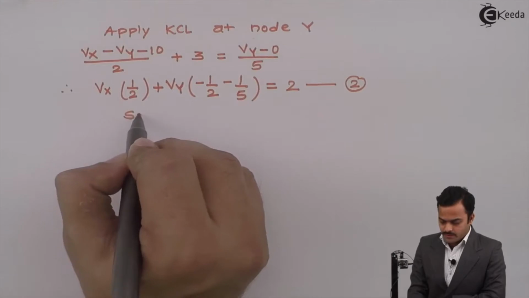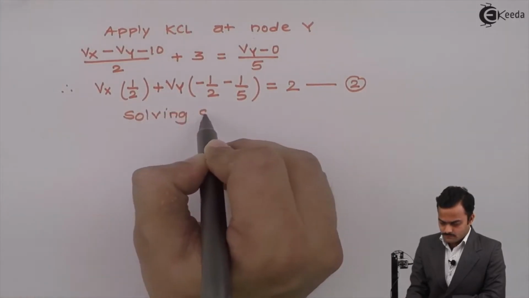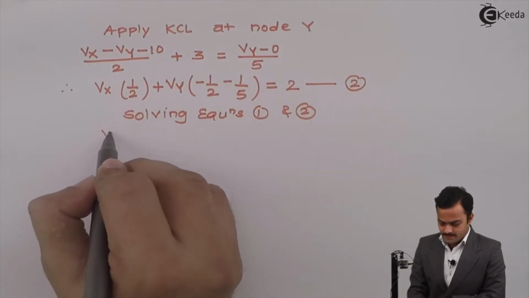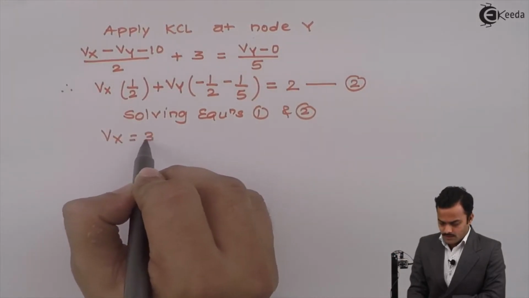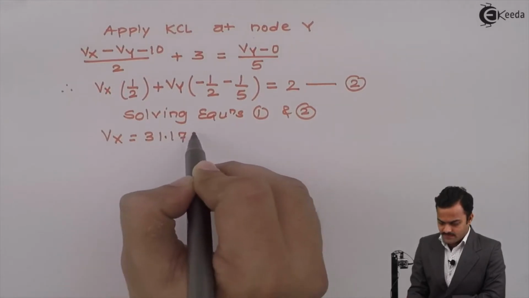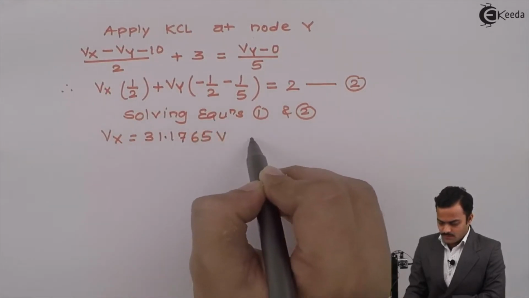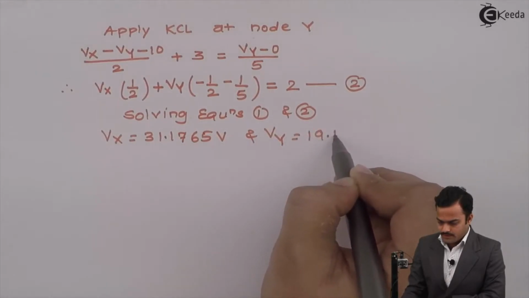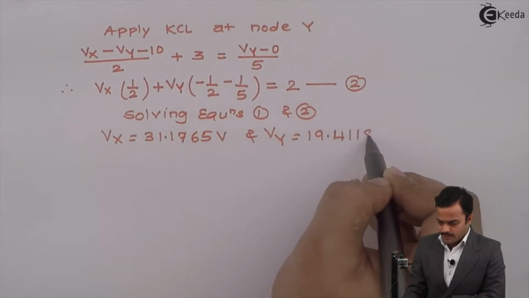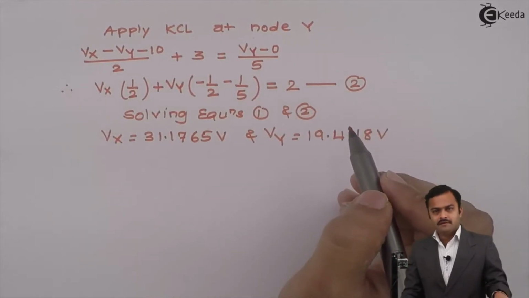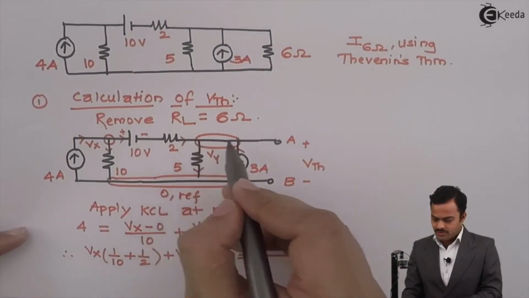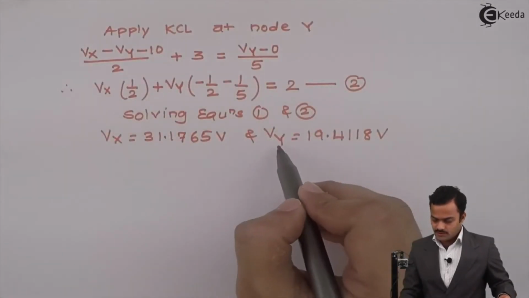Now solving equations 1 and 2, I will get Vx as 31.1765 volt and Vy as 19.4118 volt. Remember, I told you VTH is nothing but Vy. So this is our answer.